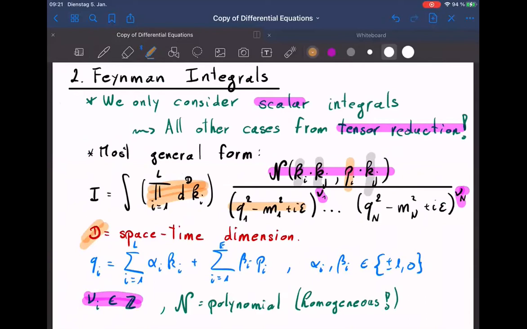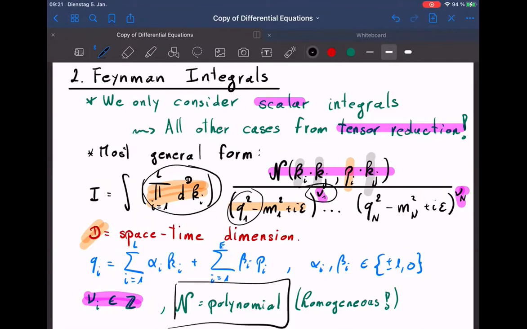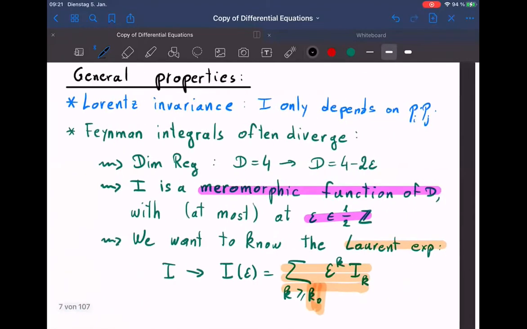So from the integration measure, you will get d components of the loop momentum. Every propagator will give you 2 energy dimensions in the denominator, raised to the power nu. And I assumed that my n is homogeneous, so that also the numerator has a uniform energy dimension.